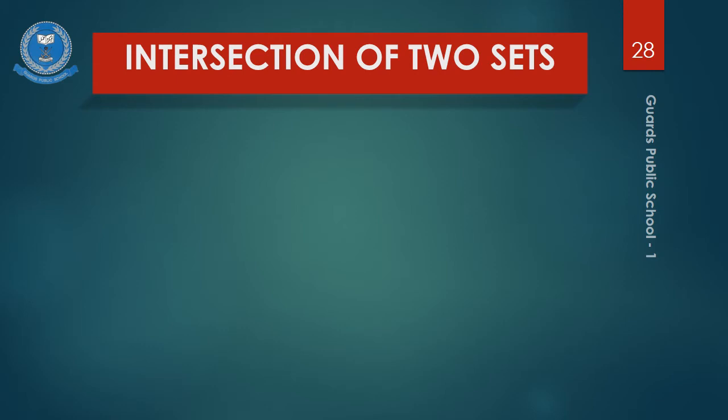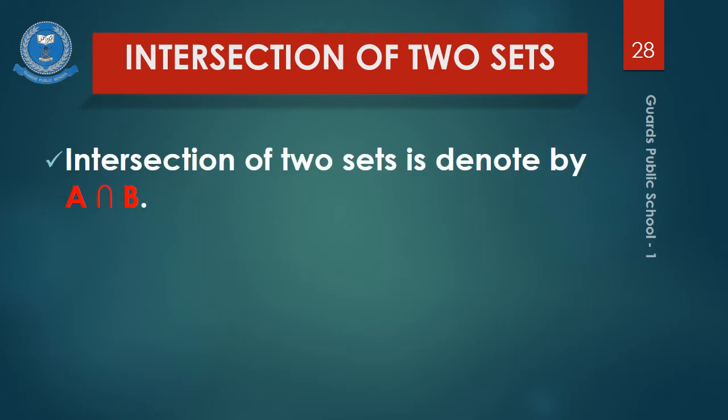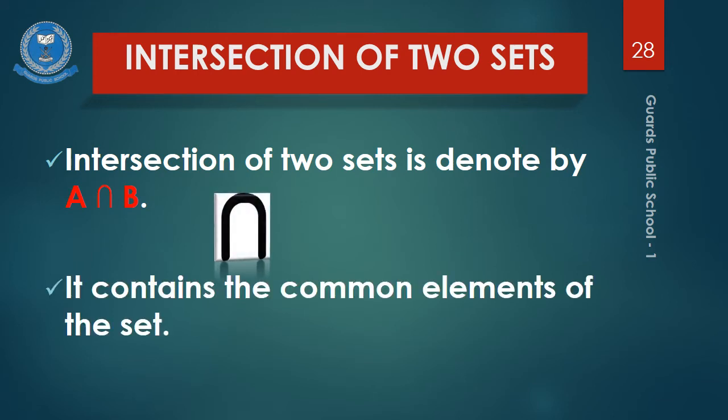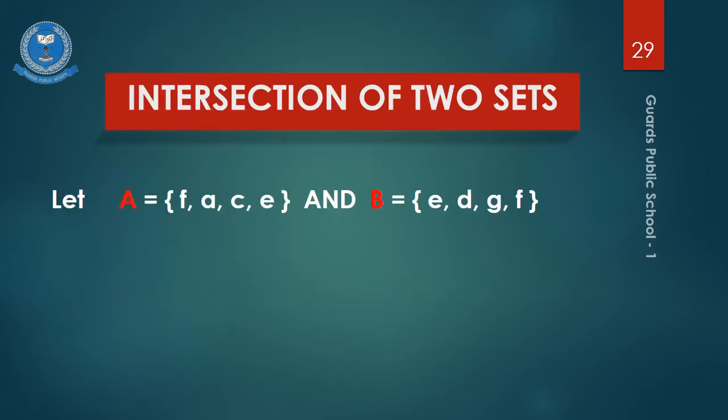Intersection of two sets. Intersection of two sets is denoted by A intersection B. The sign which we use for intersection is the opposite of U. It contains the common elements of the sets. For example, let A is equal to {F, A, C, E}, and set B is equal to {E, D, G, F}.